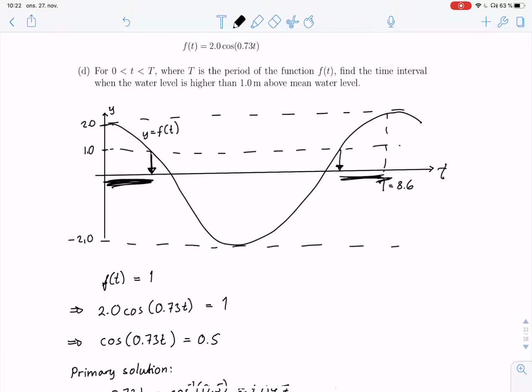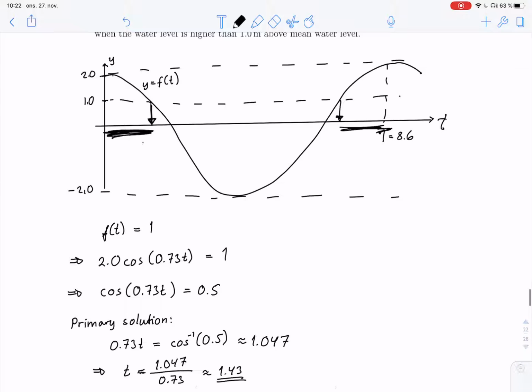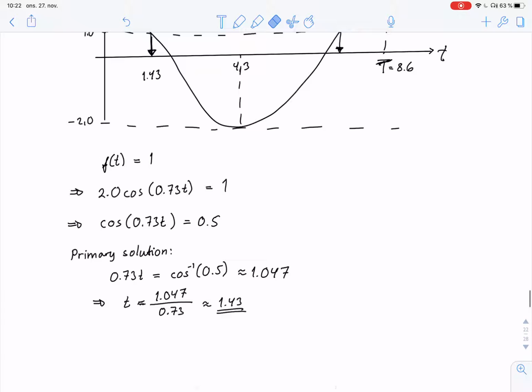So it doesn't sound too bad that this would be 1.43. Here we would have 4.3, half of the period. So yeah, this sounds good.